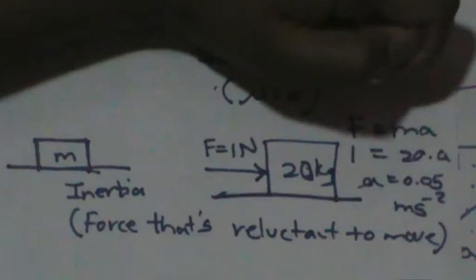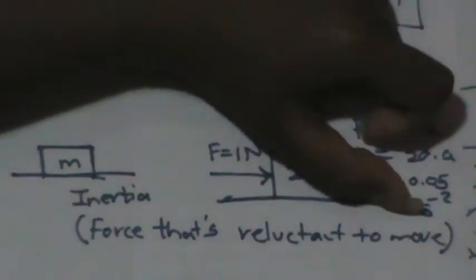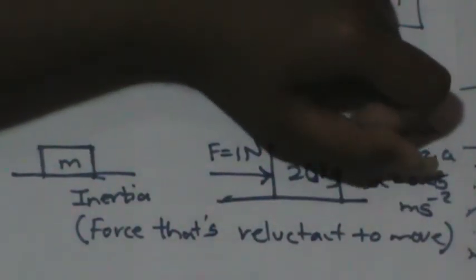You can move this object 75 meters. But in the other case, you will move only about 5 meters. Exactly 5 meters. So now you see the acceleration is directly proportional to the force applied.